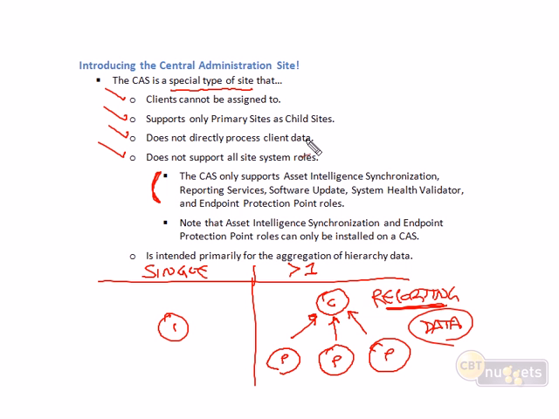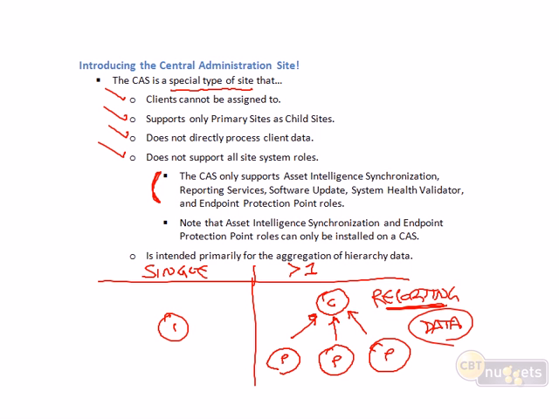Asset intelligence synchronization goes to your asset intelligence database at Microsoft. Software updates, again, is Microsoft. Endpoint protection is for Forefront Endpoint Security settings and all the anti-malware updates that need to come down. So that's really what it's for: supporting reporting and all that synchronization out to the outside world.